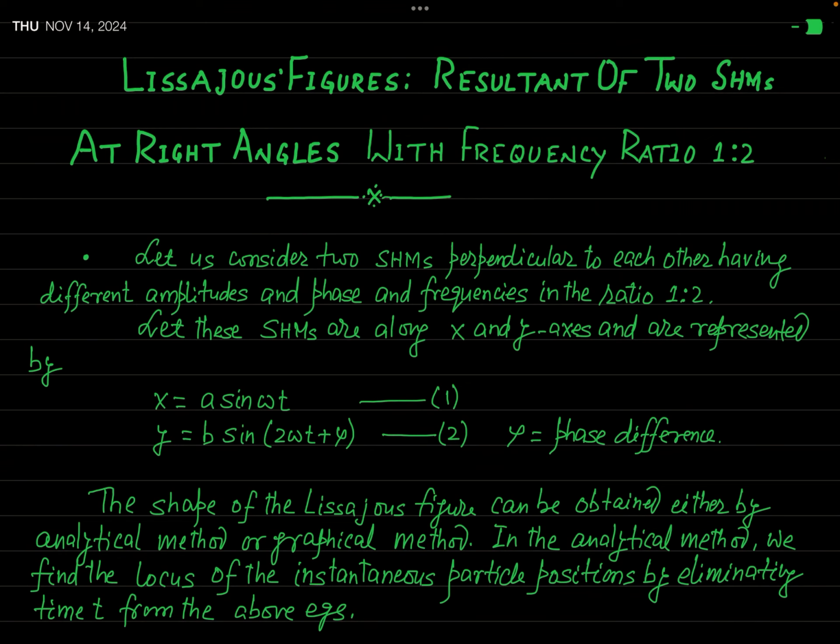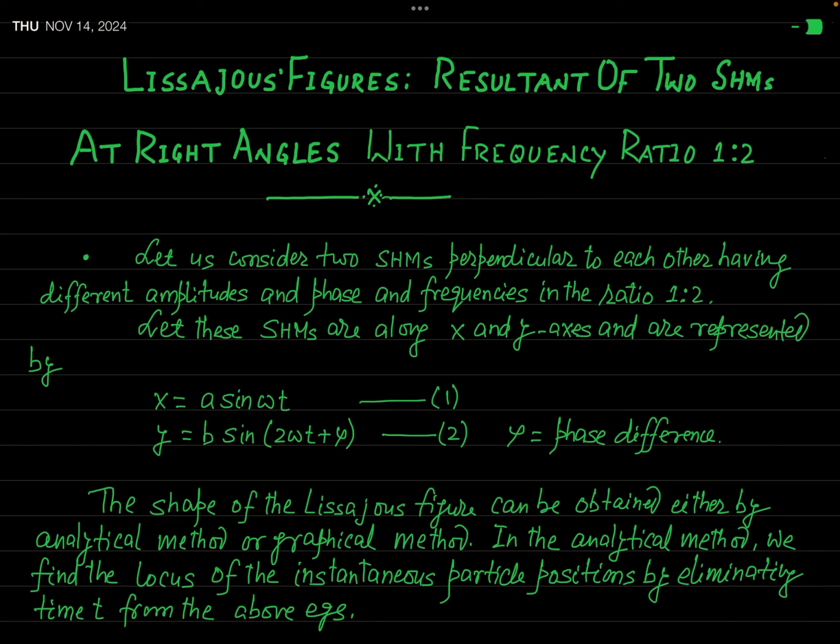So here our aim is to discuss the composition or superposition and find the resulting motion of a particle which is acted upon by two SHMs at right angles having different frequencies. Again, you can think that there may be different choices of taking the different frequencies.